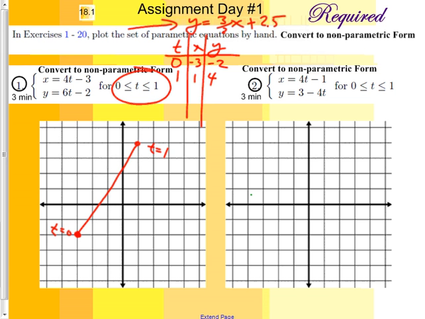Now, here's my last question. The time domain is between 0 and 1. Now that we've got this graphed, what's our x domain? -3 to +1. Remember, x domains go this way? And our range would be from -2, it's down 2 below here, right? -2 to +4.